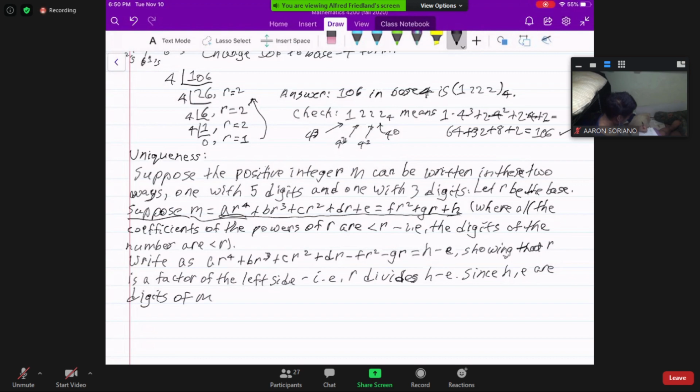So remember that as we showed on Thursday and we repeated today, the digits are less than the base.